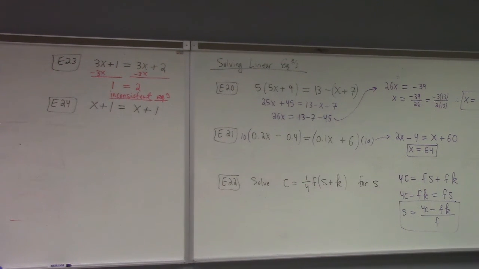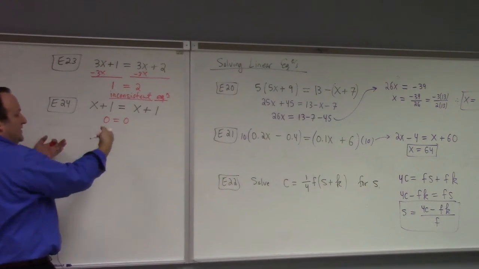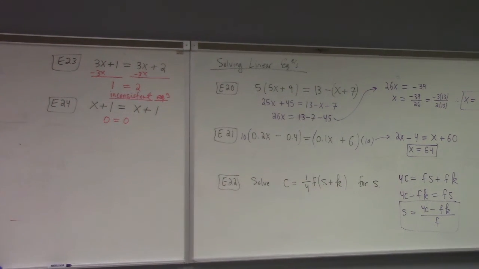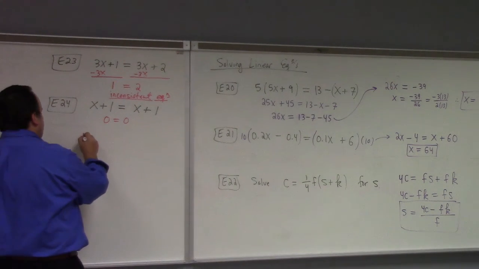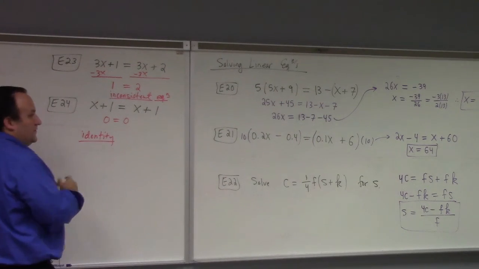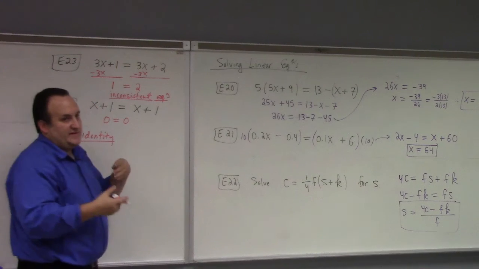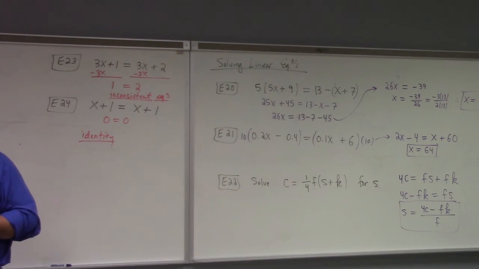If you subtract x plus 1 from both sides, you get 0 equals 0. If you can take the equation you have and manipulate it to get 0 equals 0, independent of what x is, this is what's called an identity. So the solution set for an identity is all real numbers. The solution set for examples 20 and 21 was just the set containing a single number.